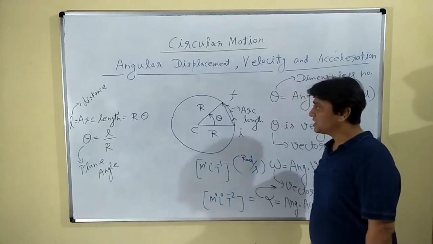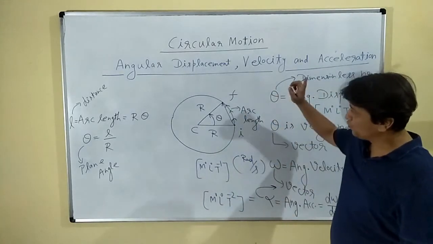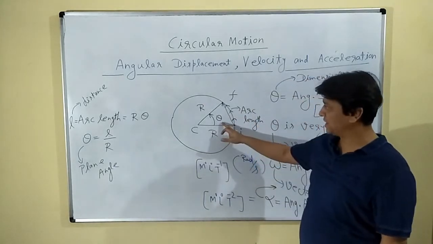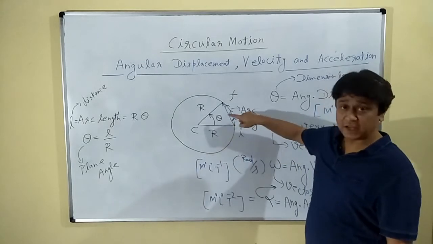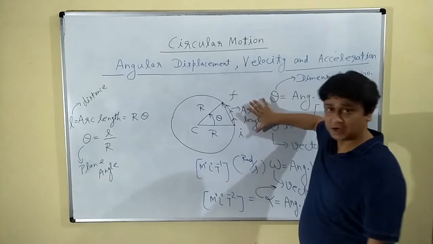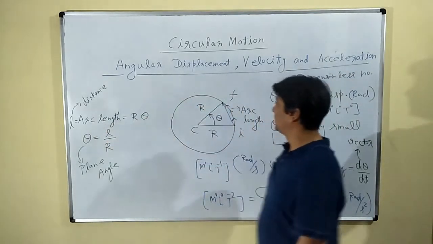Now, in this, what we have seen so far, we have found angular distance or angular displacement. Angular displacement, its relation with what? Its relation with arc length, and that is L equals R theta.